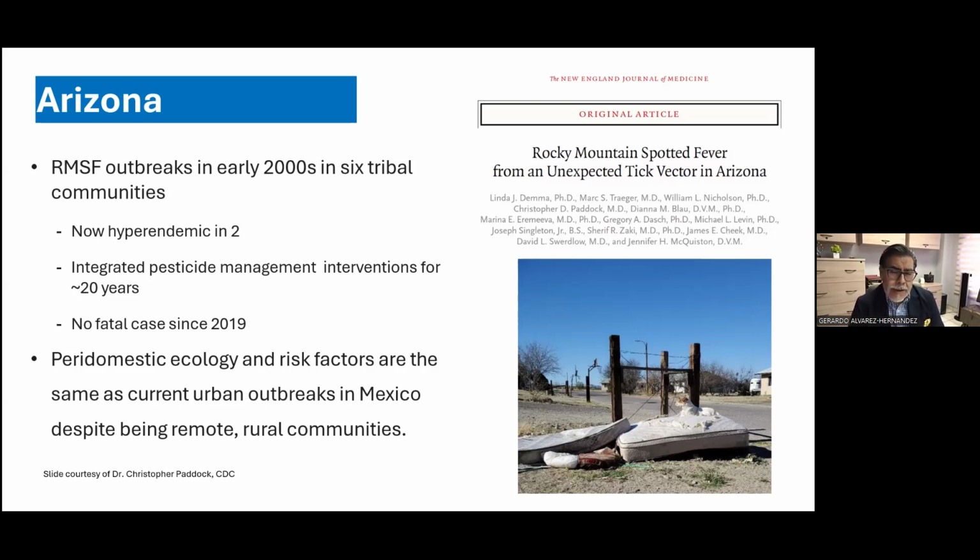This has been documented since the early 2000s, and it is very parallel to what happened in Sonora in the early 2000s. So the epidemiological patterns in both Arizona and Sonora are coupled in time, in ecology, and in social factors related to the emergence of the disease.